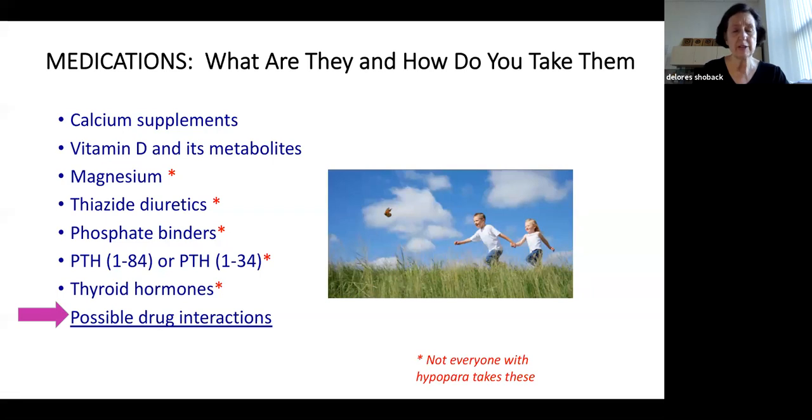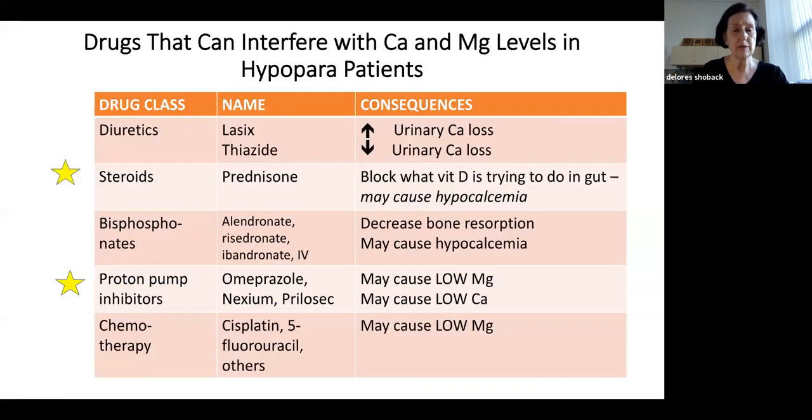What are some of the interactions between drugs that other doctors are going to give you? So there's quite a few medications that can either interfere with calcium handling by the body or calcium absorption. So diuretics, if your doctor says, hey, I want to put you on Lasix because you have heart failure or something like that, remember that if you have hypopara, that's going to lead to calcium loss by the kidney.